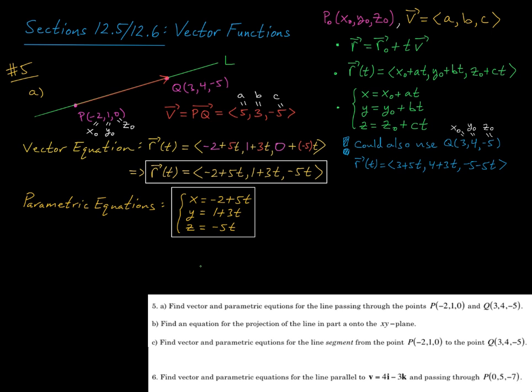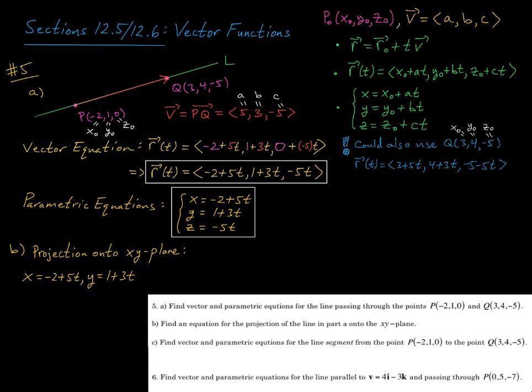All right, so then for part B, it says, find an equation for the projection of the line in part A onto the xy plane. Okay, now notice here it says an equation. So presumably they're looking for a Cartesian equation, so not parametric equations for the line that we get when we project our line here from part A onto the xy plane. So for the projection, well, as we saw in question 3, to look at the projection on the xy plane, we just essentially want to ignore the z coordinate.